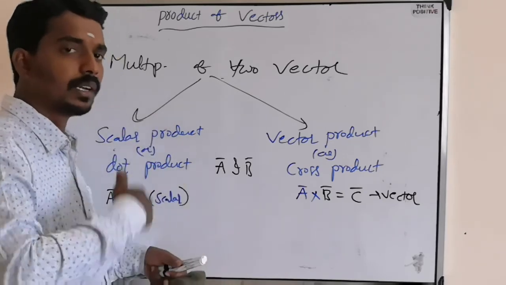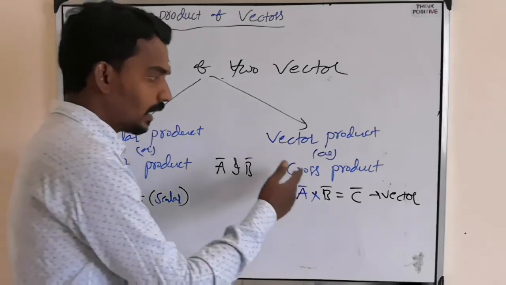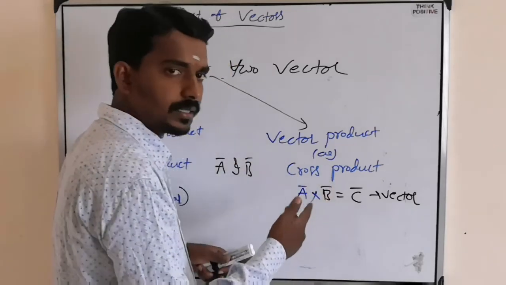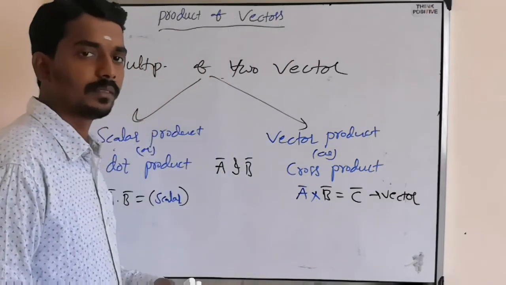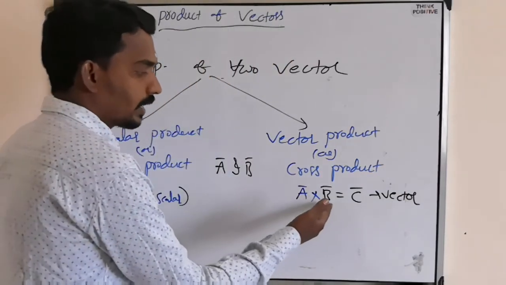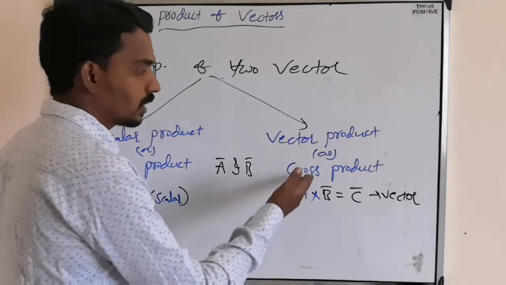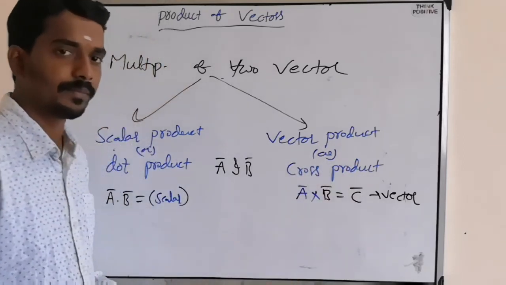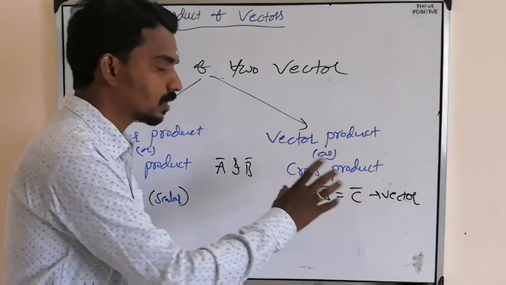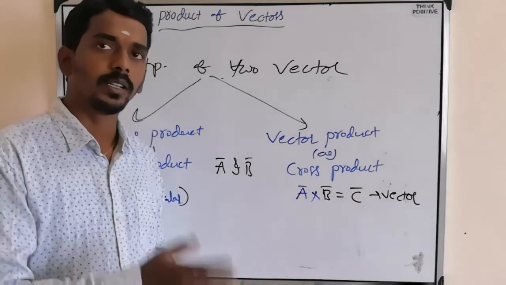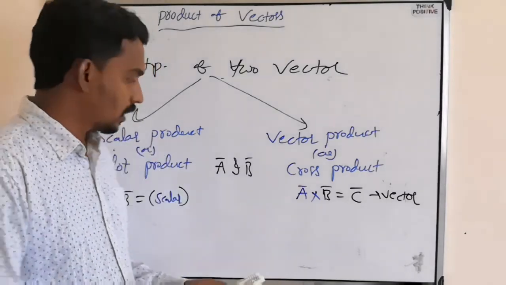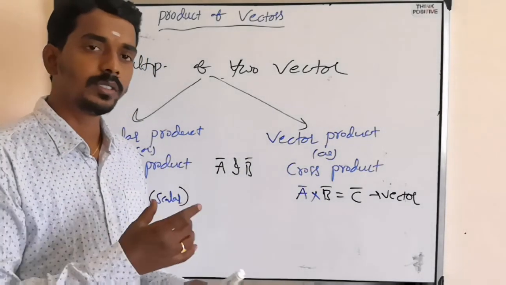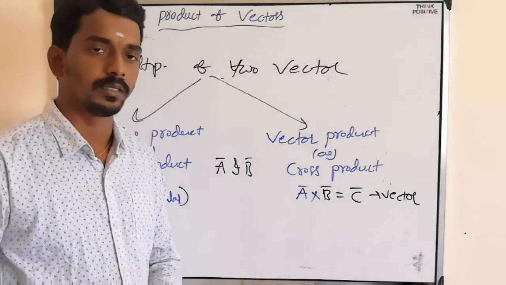How we do that, we will learn. In another method, you multiply two vectors such that you get a vector as the result, and it is called the cross product. What is the dot product, what is the cross product, we need to understand individually in depth, because we will use them in physics in particular chapters.